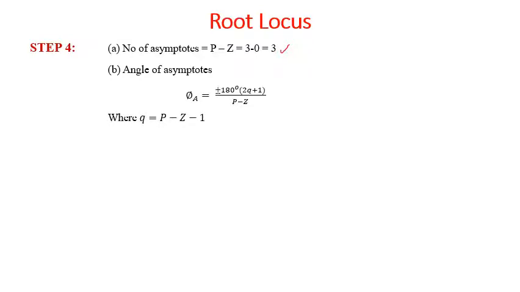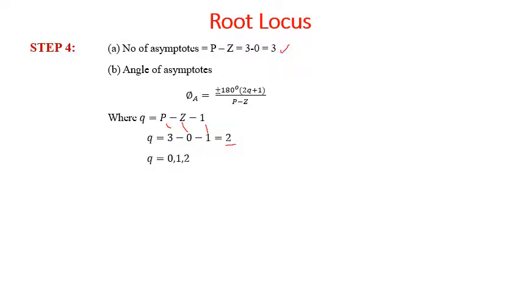So q is given by p minus z minus 1, hence q is equal to 3 minus 0 minus 1, hence q is equal to 2. As q is equal to 2, we have iterations which start from q equal to 0, 1 and end when it is 2.